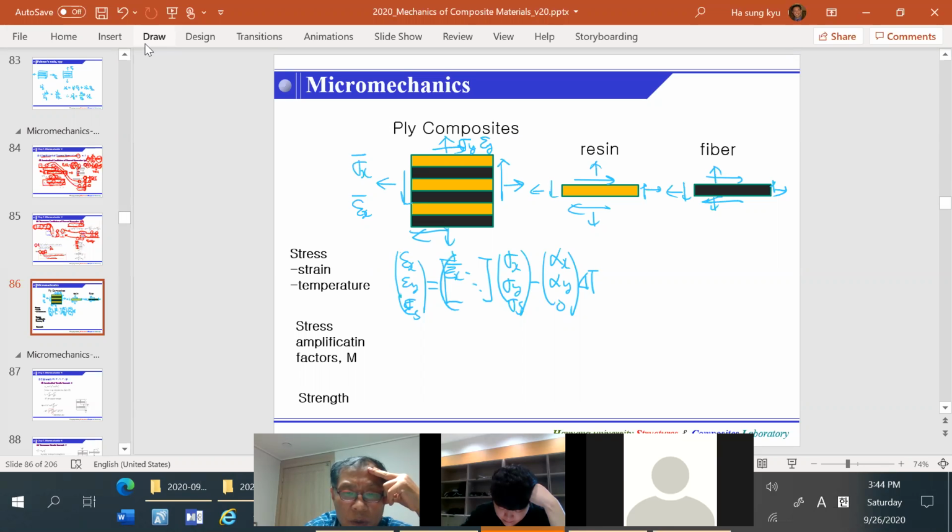So this is the one we want to calculate, from the given constitution of the resin and constitution of the fiber.